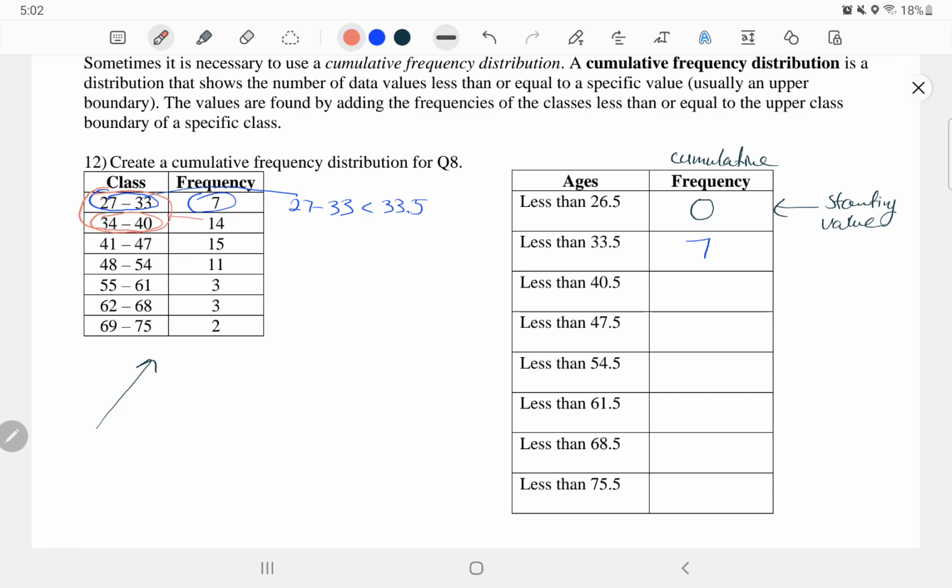So these two classes right here are less than 40.5. Which means the frequency of 7 and 14, 21 data values, are less than 40.5.